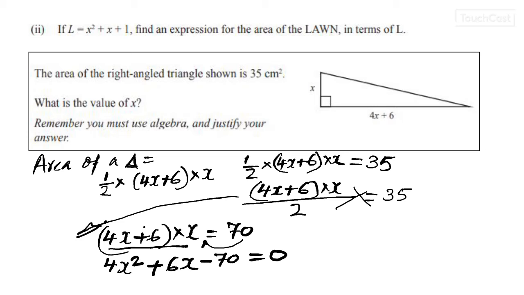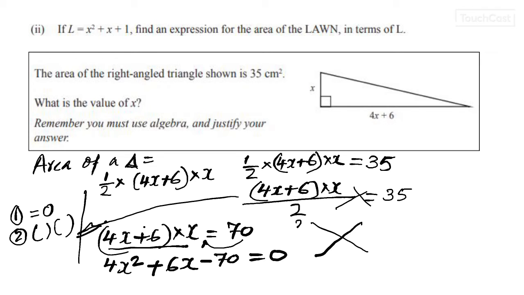Once we have done that, we've got to factorize this. So step 1, make the right hand side 0. Second, factorize. Now to factorize, we go for the cross method. I'm not going to go through the whole process now.